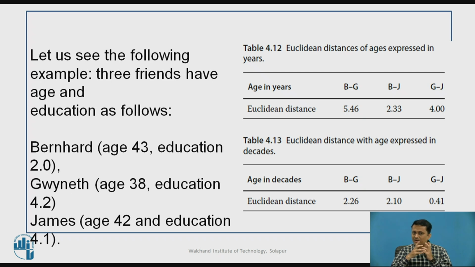So what can be done in that case? I want a solution where the attributes may take values in different ranges, but when I am making the calculation, all attribute values should have the same range.